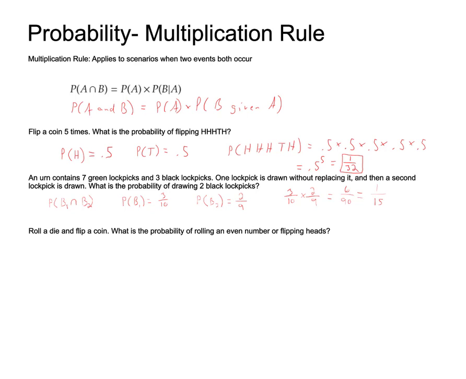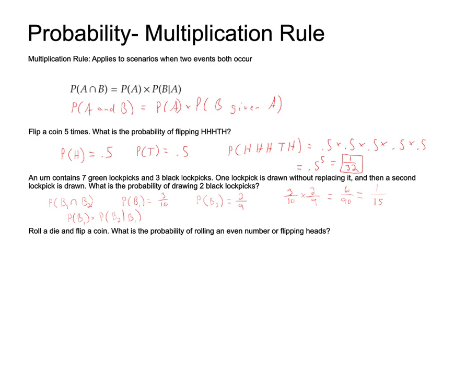So again, what we did was the probability of black 1 and black 2, we'll set that equal to the probability of black 1 times the probability of black 2 given black 1, just in formula form.